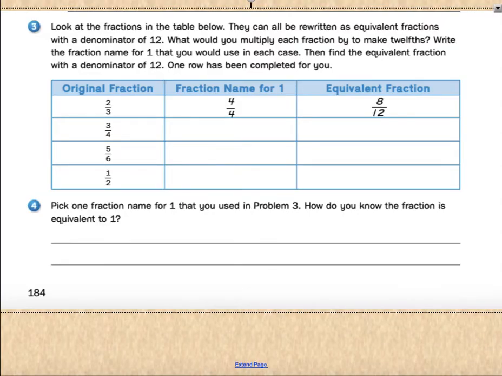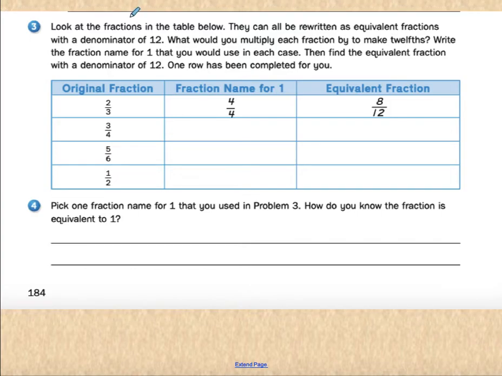All right, going on. For part 3, it says to look at the fractions in the table below. They can all be rewritten as equivalent fractions with a denominator of 12. So our target number is 12 here. What would you multiply each fraction by to make 12ths? And then write the fraction name for 1 that you would use in each case.